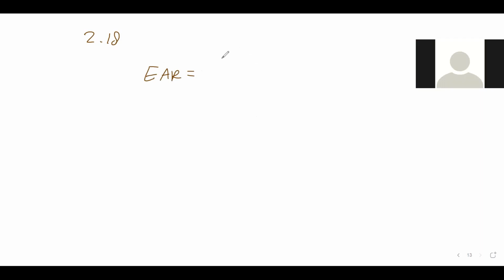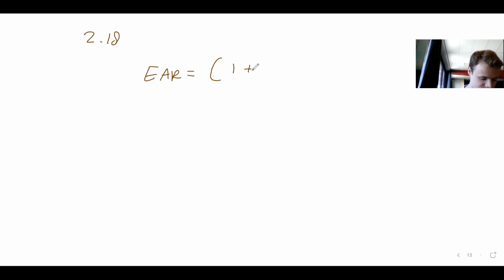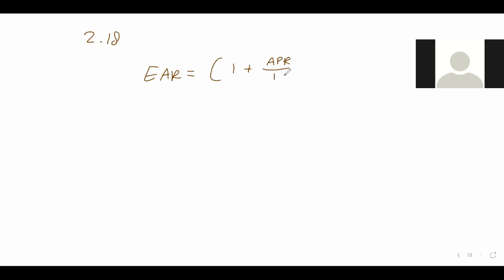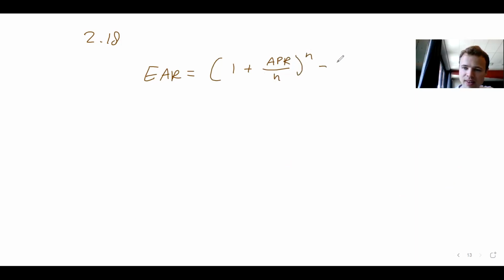It was, let me look back. It is 1 plus 100 divided by 2. No, that one in more general form. 1 plus the APR, divided by n. Yeah, exactly. With the power of n, minus 1. Yes. Okay.